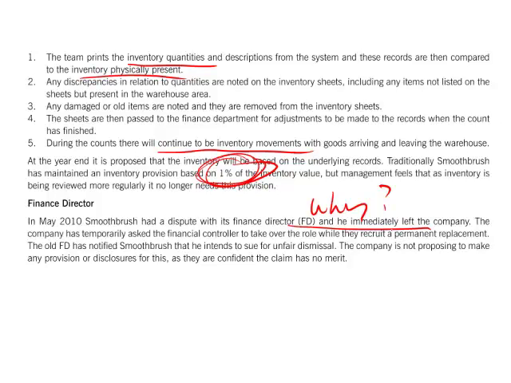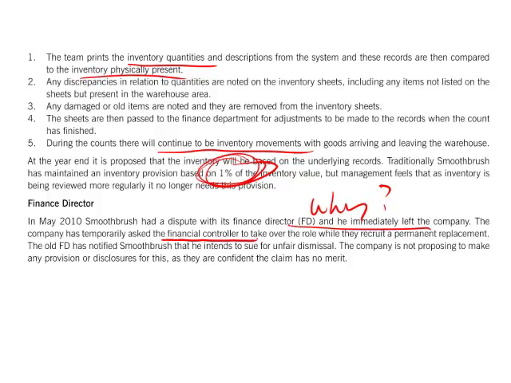It's usually not good if the finance director leaves there. The company has temporarily asked the financial controller to take over the role while they recruit a permanent replacement. Now, the problem here is that we're having the financial statements prepared by someone who is probably less experienced and less skilled than the finance director who left.